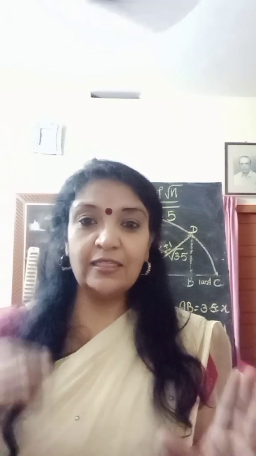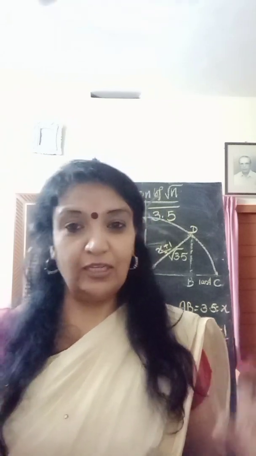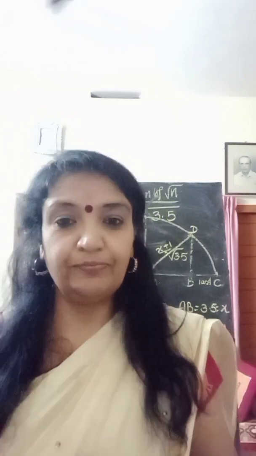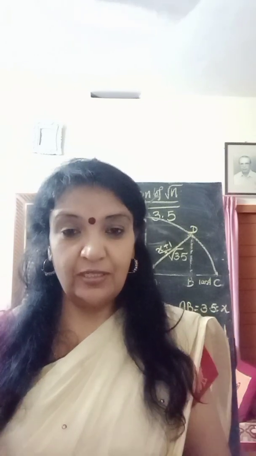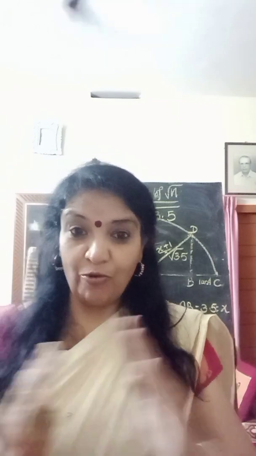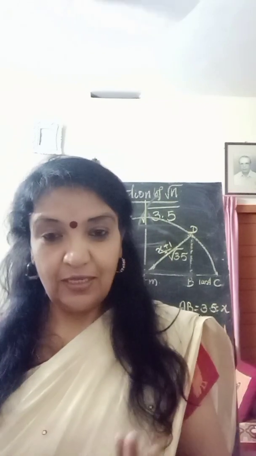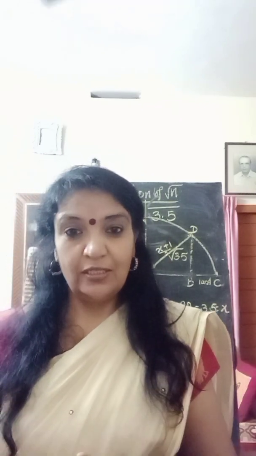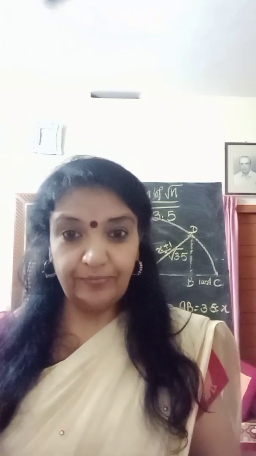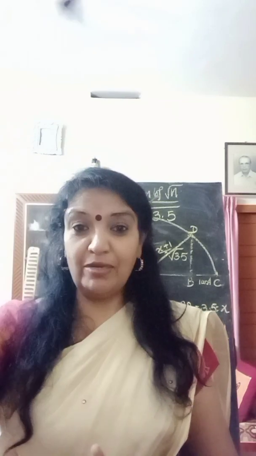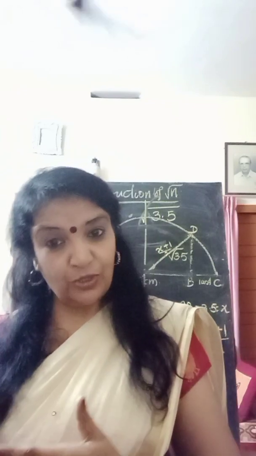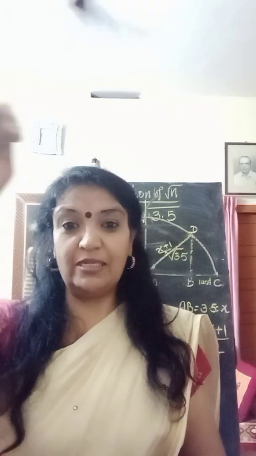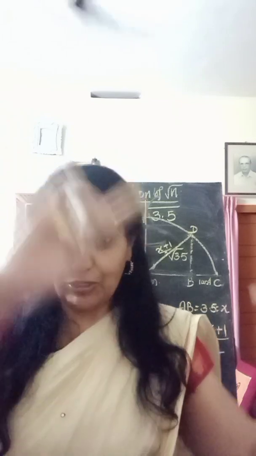Cut an arc from A and C on both bottom and top. You are getting the midpoint O. Since O is the midpoint, with O as center, draw a semicircle with radius OA or OC. So you are getting a semicircle from A to C.